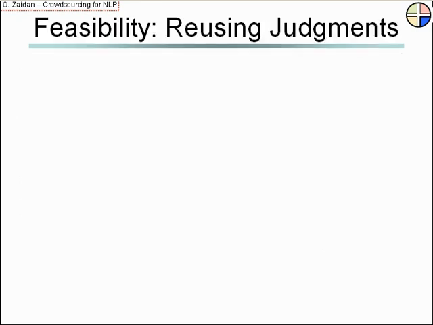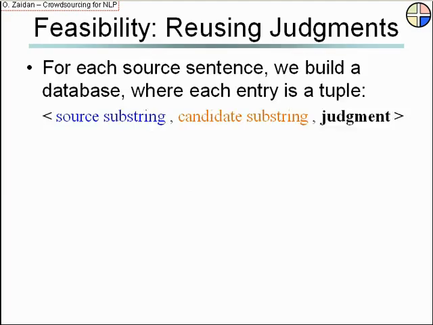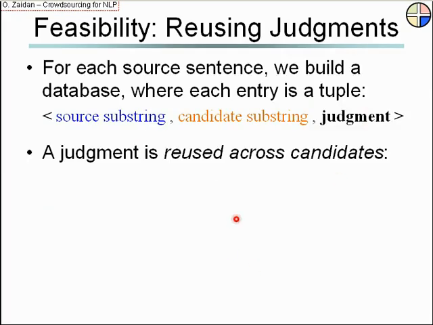The first strategy is to reuse the judgments that we collect. So for each source sentence, we build a database, and each entry in this database is a tuple that connects a source substring, a candidate substring, and a judgment, either a yes or a no. And then we can use that judgment across other candidates for that source sentence.